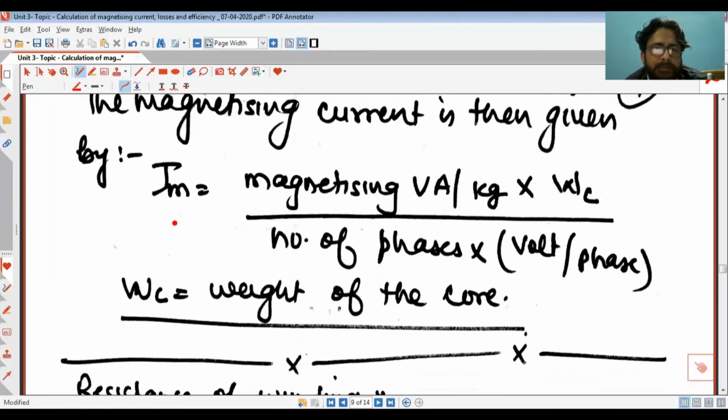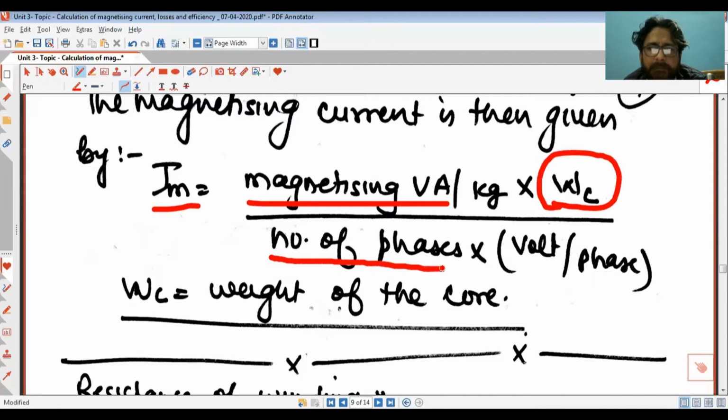Using the magnetizing volt ampere, the magnetizing current is related as magnetizing volt ampere per kg into weight of the core, divided by number of phases into voltage per phase. This is a general equation which can be used for a single phase transformer as well as a three-phase transformer to find the value of magnetizing current, right?